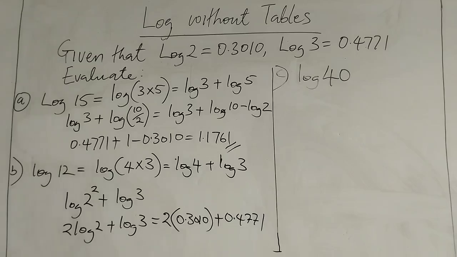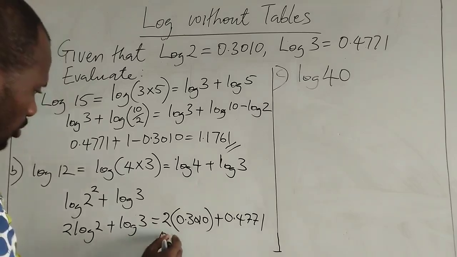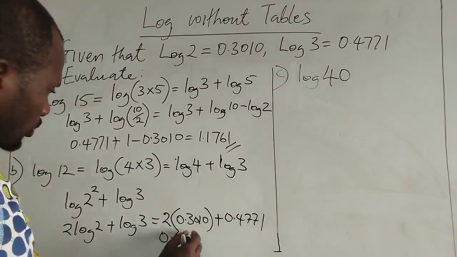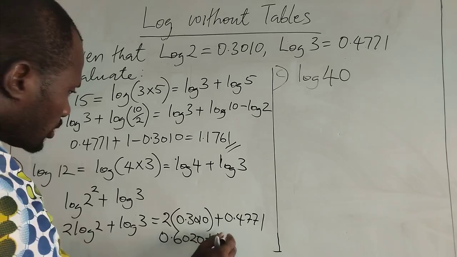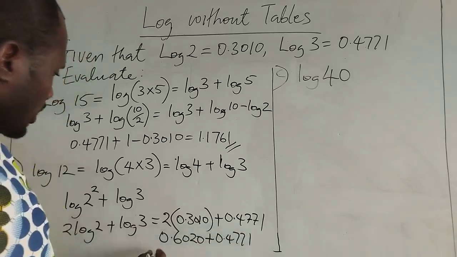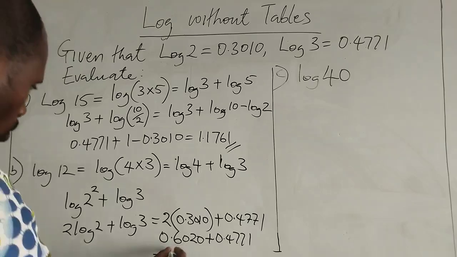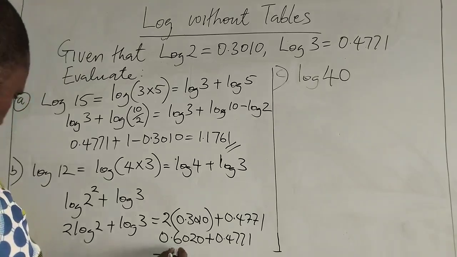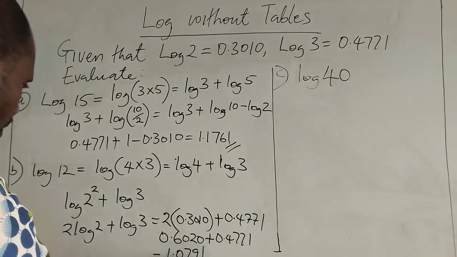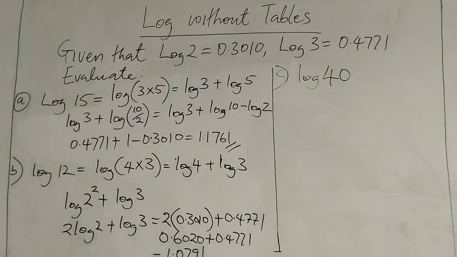Now, multiplying 2 and 0.3010 will give us 0.6020, plus 0.4771, and that will give us 1.0791 as our final answer.